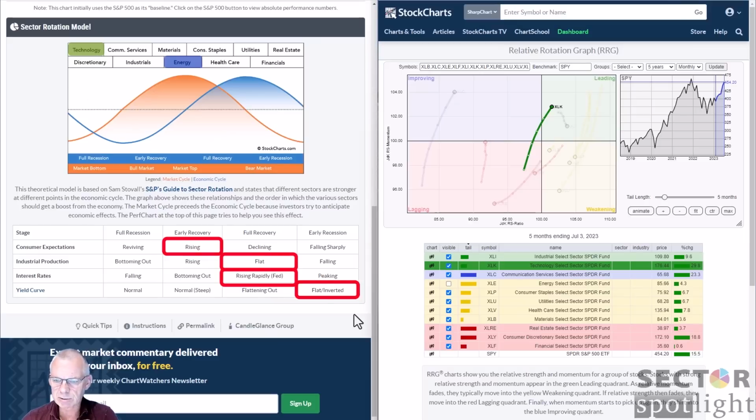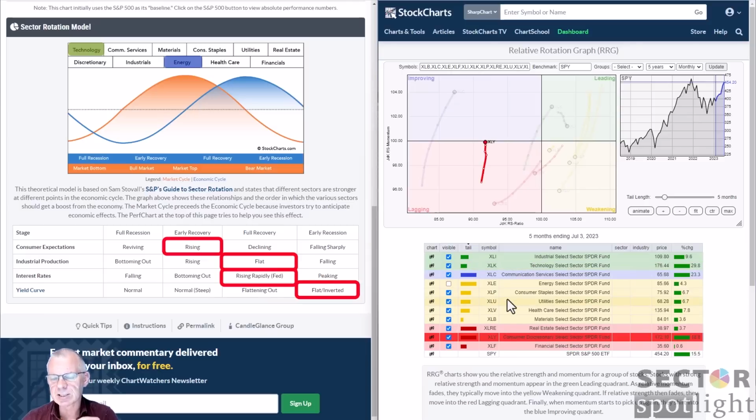If we go to discretionary, XLY, you can see that XLY is inside lagging, but it's picking up rapidly relative momentum, which is a good thing. Remember, this is a very long-term chart, very long-term rotations.